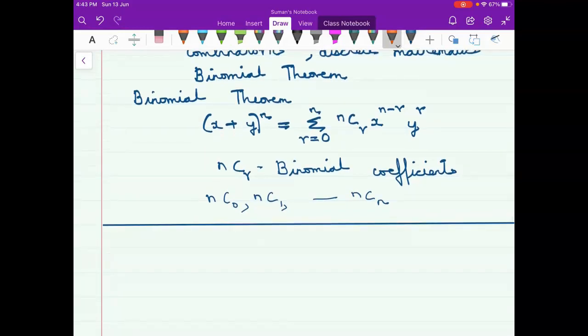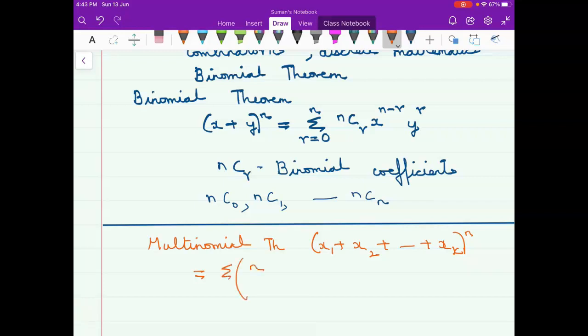Multinomial theorem gives you the expansion of x1 plus x2 plus xk whole raised to n, and this is given by summation nC n1 n2 nk, x1 raised to n1, x2 raised to n2 up to xk raised to nk.